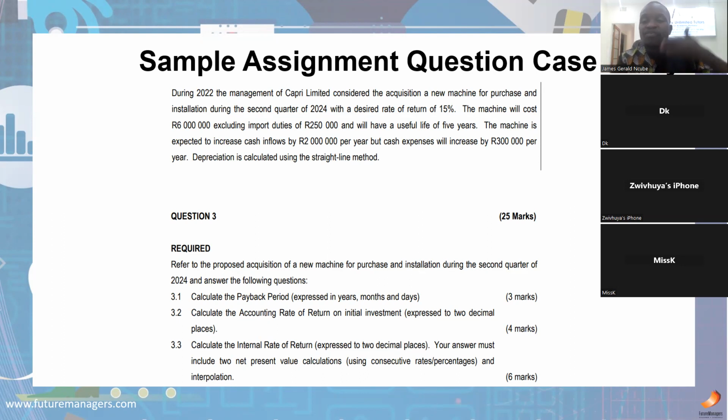So how do you evaluate the different options that you have as a business? That's what capital budgeting is about. Option number one is you can say, if I invest 1 million into a business, how long does it take for me to get my money back?